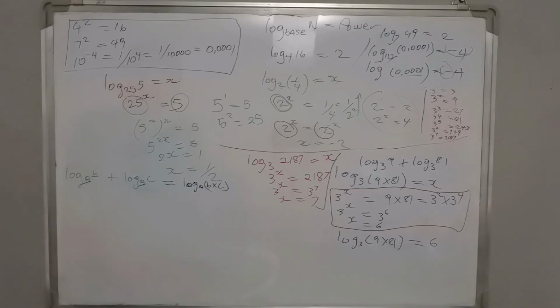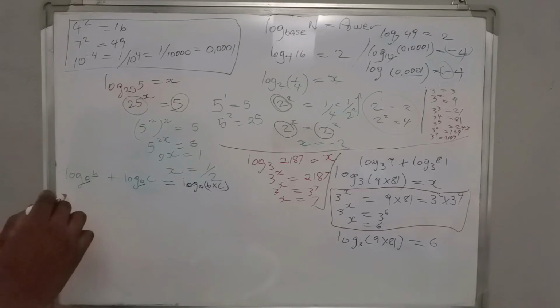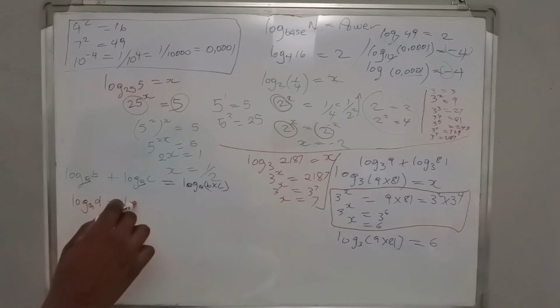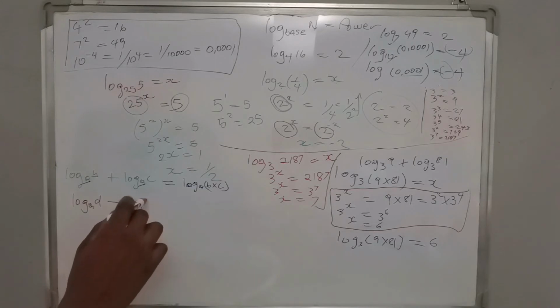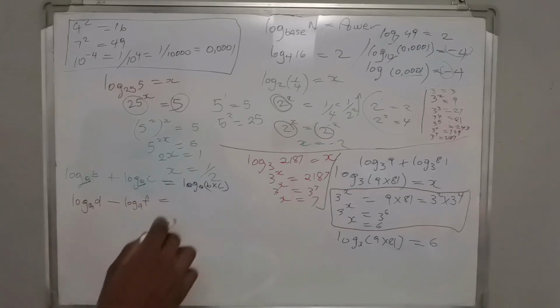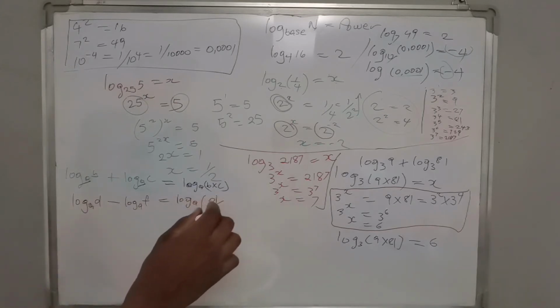Logs do not end here. There is another rule called the logarithmic subtraction identity. Here we have log a of d, minus log a of f. This is said to be equal to log a of d over f.